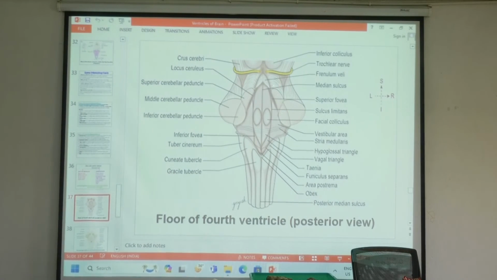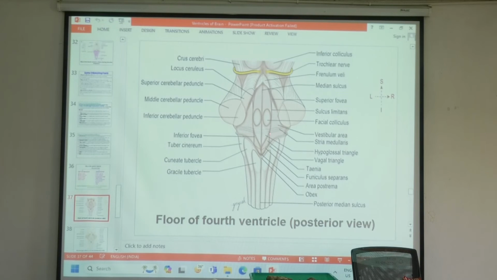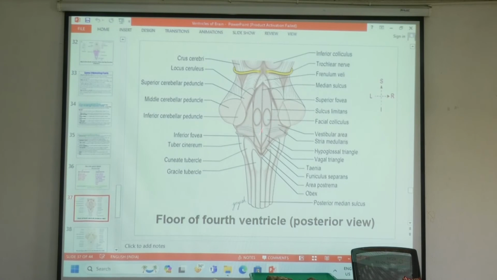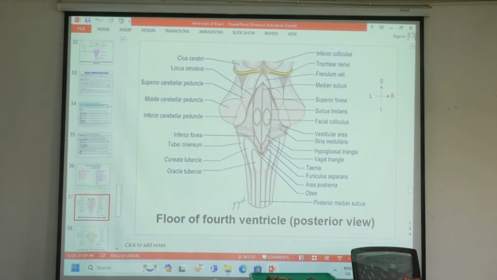In the lower part of the sulcus limitans there is also one triangular area known as the inferior fovea. Below the inferior fovea the sulcus limitans extends downward and medially up to the median sulcus.